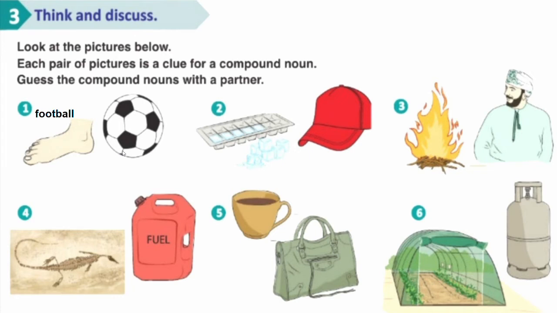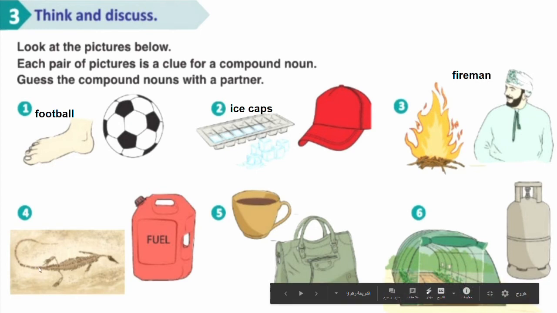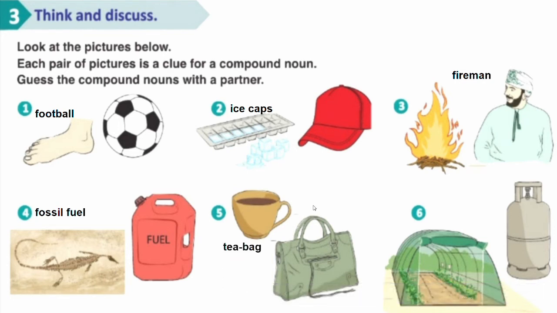Good, football. Number 2. Ice caps. Ice caps. Fireman. Fossil fuel. Tea bag. And finally, number 6. Greenhouse gas.